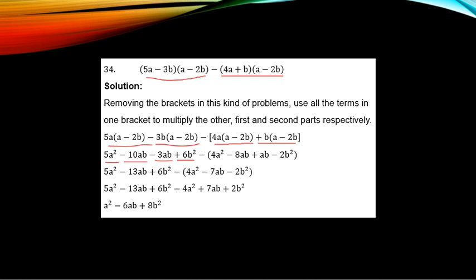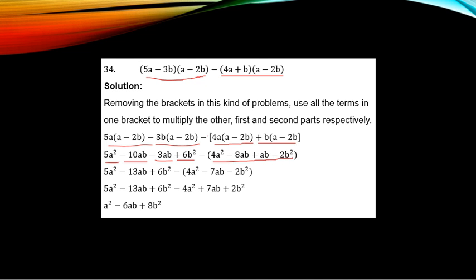Then the second side, 4a times a, you have 4a squared. 4a times minus 2b, you have minus 8ab. Then plus b times a, you have minus ab. Plus times minus is minus, so you have 2. Then b times b, you have b squared.